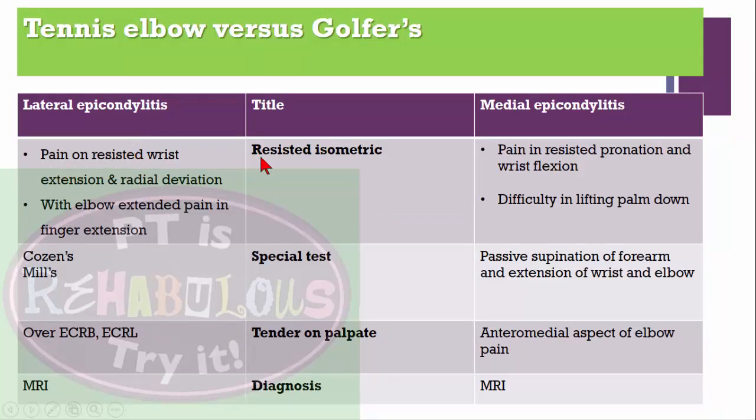In resisted isometric testing, there is pain on resisted wrist extension and radial deviation, especially with elbow extension, and pain in finger extension. Special tests: Mills test, Cozen's test, and tenderness on extensor carpi radialis longus and brevis muscle. MRI can confirm the diagnosis and special tests can also confirm the diagnosis, but the diagnostic feature will be MRI.